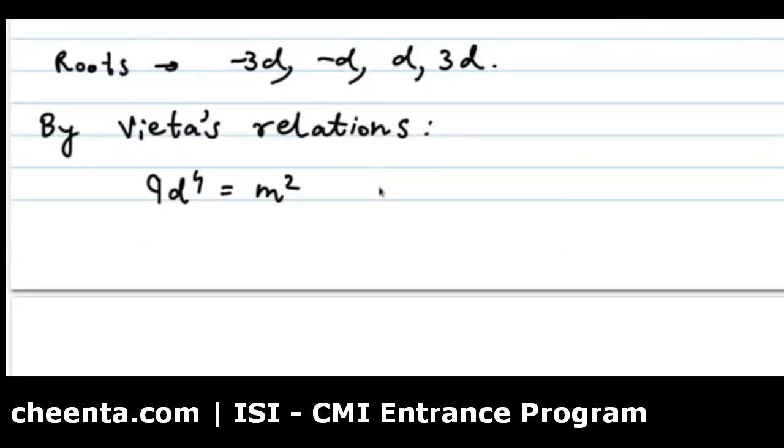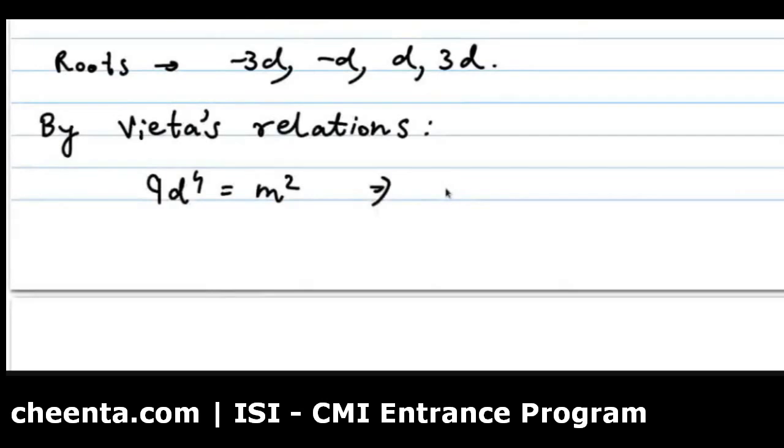m squared implies d squared equals root over (m squared by 9), that is, mod of m by 3.